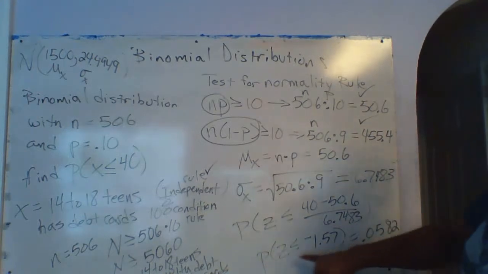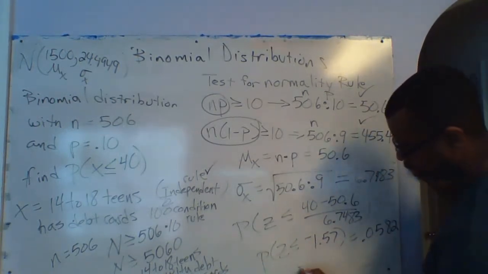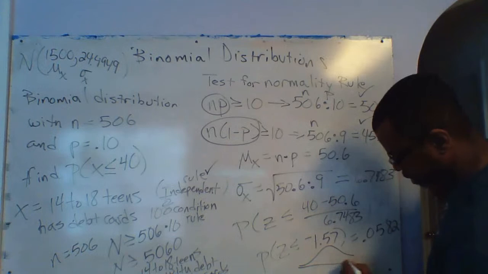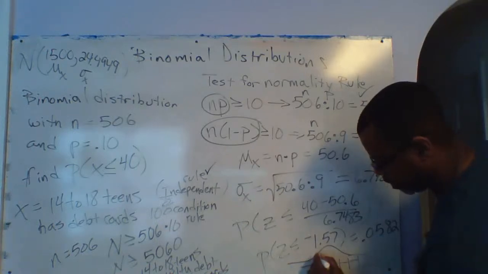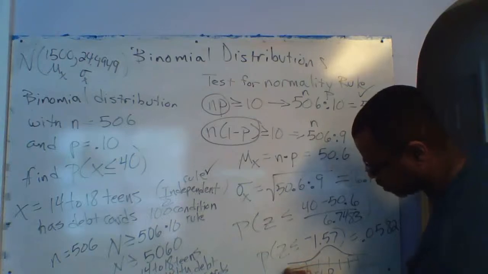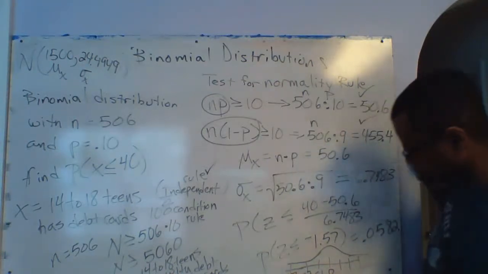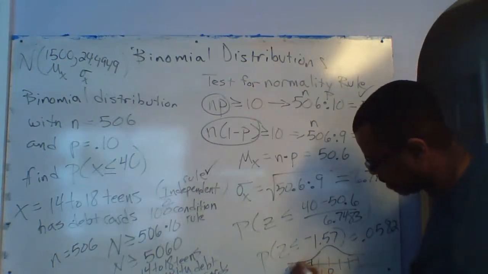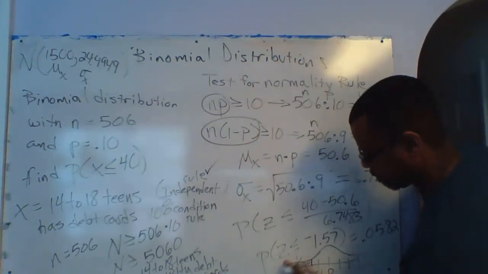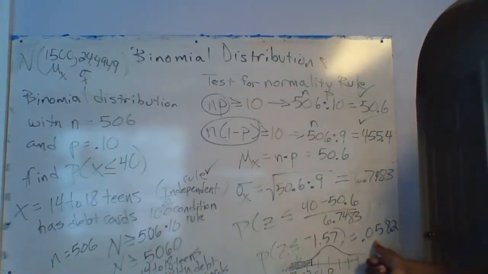Because remember, if it's less than, we're going to come here, and then this is going to be 0, 1, 2, 3. And this is going to be a negative 1, negative 2, and negative 3. And so we're looking for a negative 1.57. That is going to be this little area right here. And so that's why this makes sense.